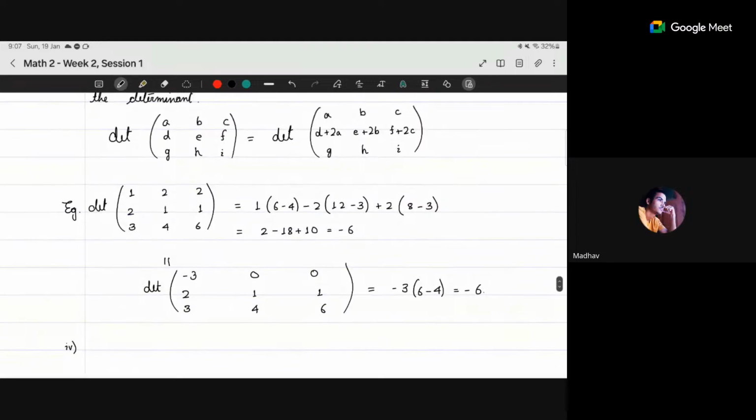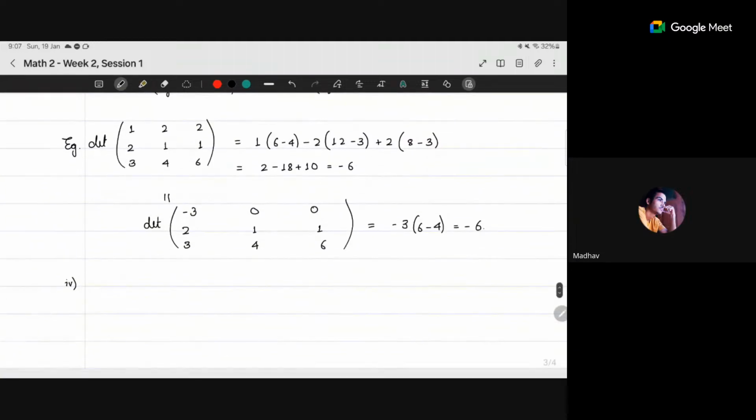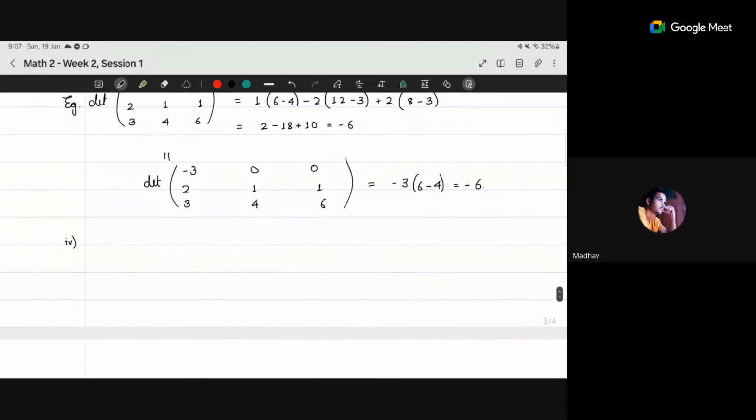In any case, you could just brute force it this way and get the answer as well. But this is just a better way of doing it, using the properties that you know.